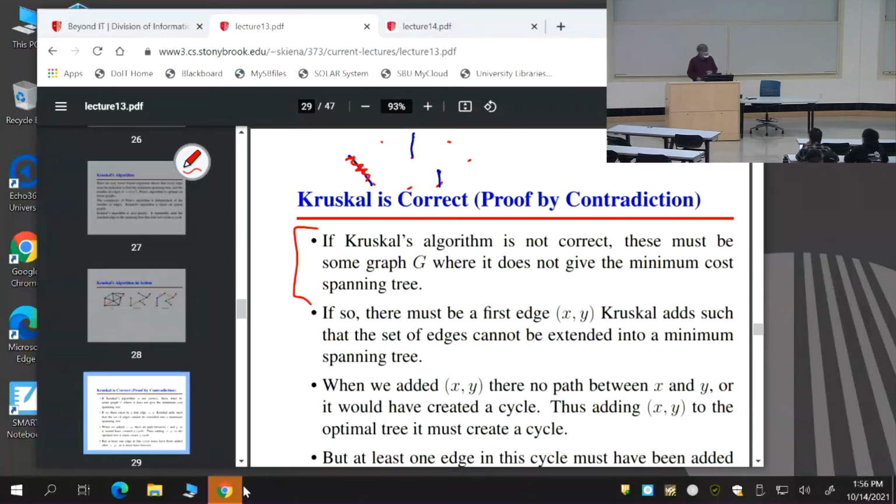And I'm going to say, oh, okay. Why don't you then show me the minimum spanning tree? It's going to include those blue edges. It's going to include other black edges, other edges. Maybe it'll include this and this. Maybe it'll include this and this.